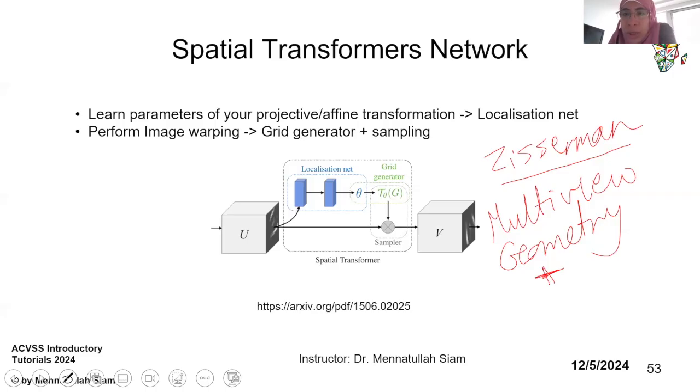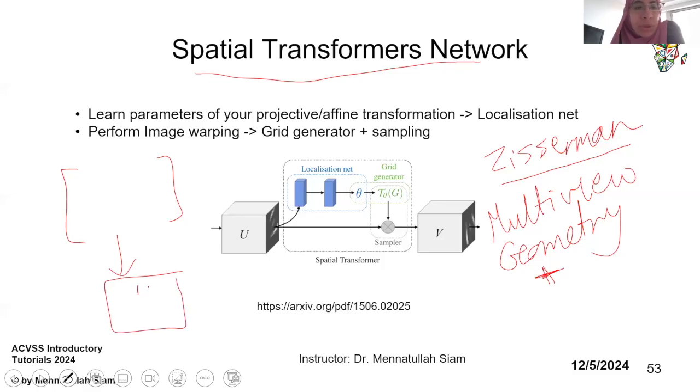So this guy, they designed this spatial transformers network, which is, remember when we discussed how we can take a transformation, like an affine, for example, and then apply it on a full image. So this is called image warping.